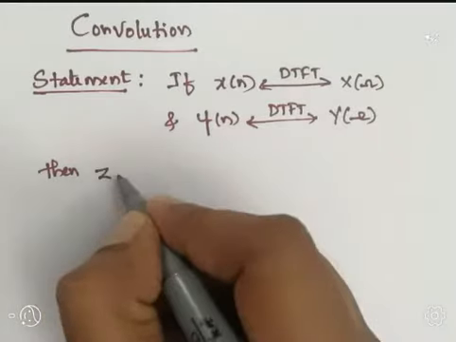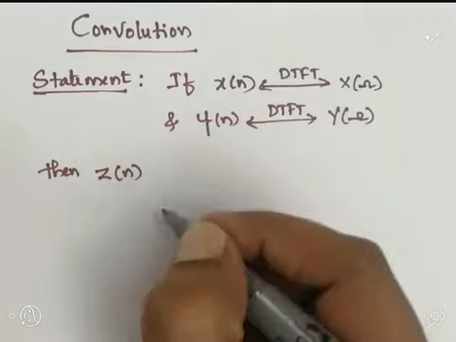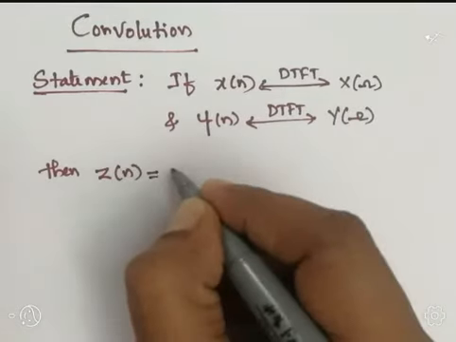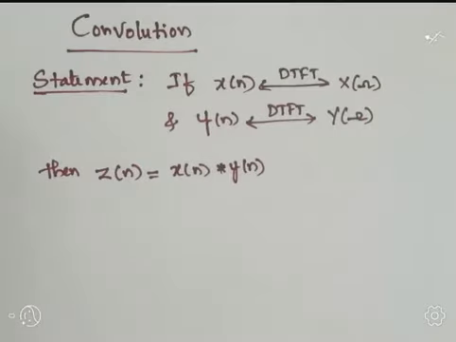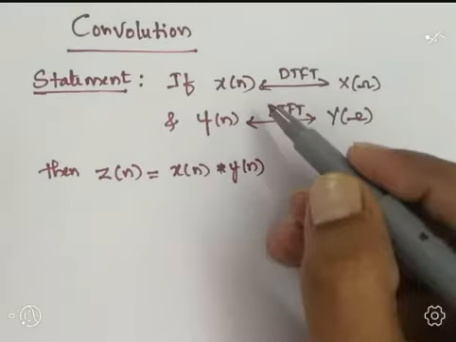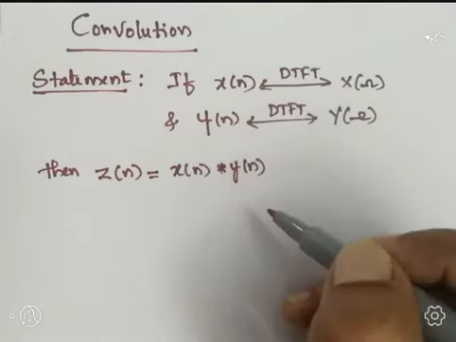If I am representing one signal, that is z of n, it is the convolution between x of n and y of n. It is in time domain, nothing but convolution of two sequences, x of n and y of n, in time domain.